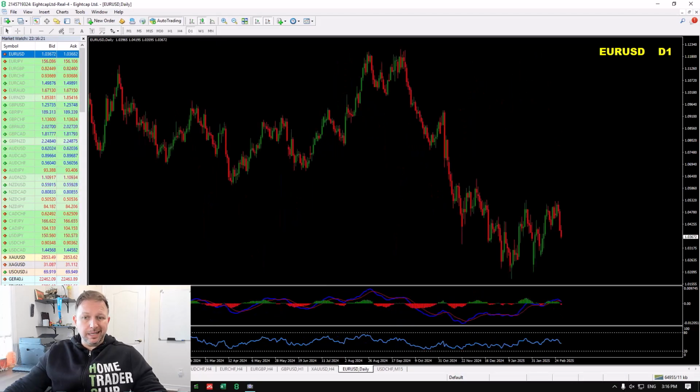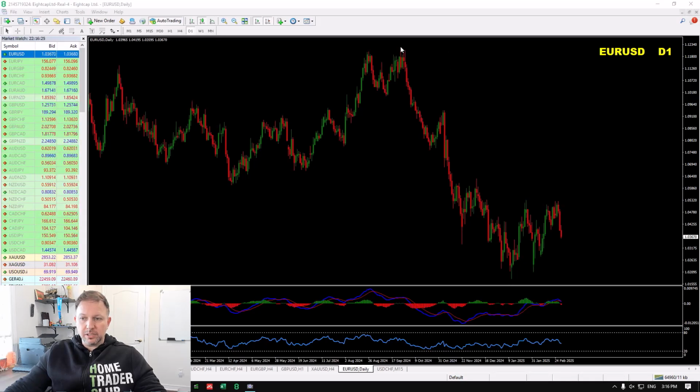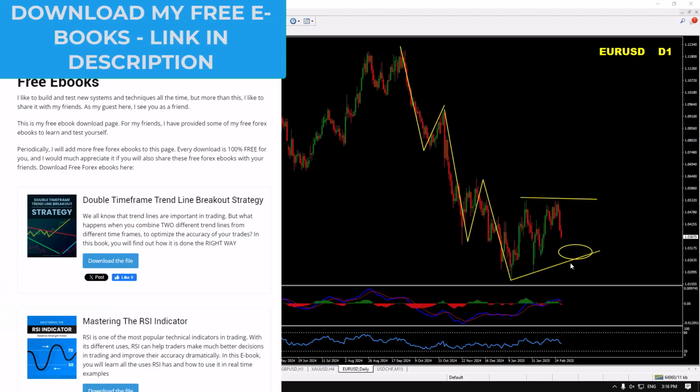What do I expect to see from the euro dollar? The way it is moving right now after these 3 waves, the euro dollar is in some sort of a corrective movement. A retest, or at least very close to the bottom of this corrective range, is very likely and very reasonable.